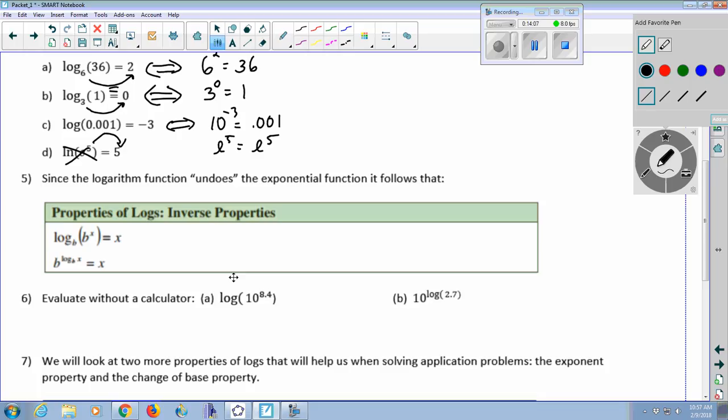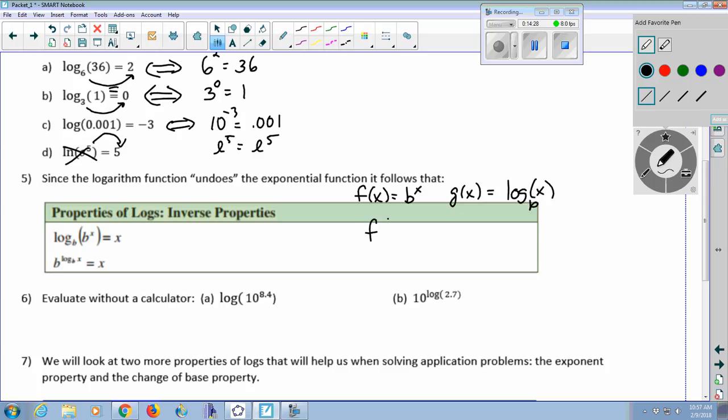When you compose inverse functions, you come right back to where you started. So let's suppose I say f of x equals b to the x, and g of x is log base b of some input x.